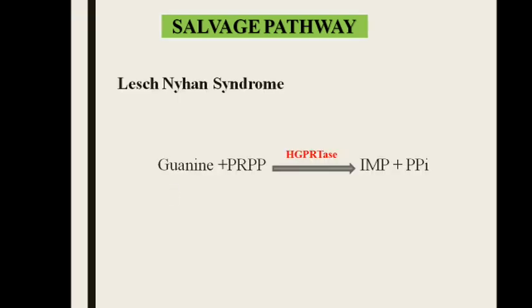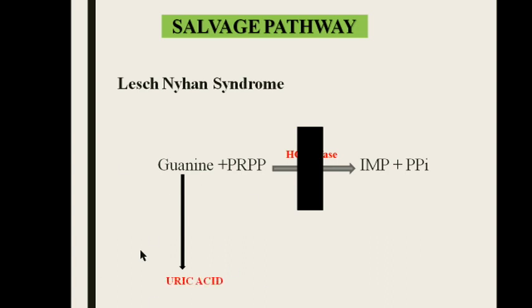Now looking into Lesch-Nyhan syndrome, what is the biochemical defect? There is a block in this HGPRTase enzyme. The guanine has to be converted to IMP plus PPi with the help of HGPRTase. There is a block in this enzyme. What happens to the fate of this guanine? It's going to produce more uric acid, resulting in hyperuricemia in an indirect way.